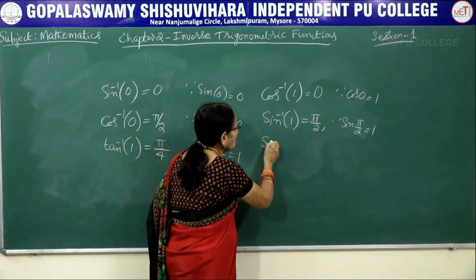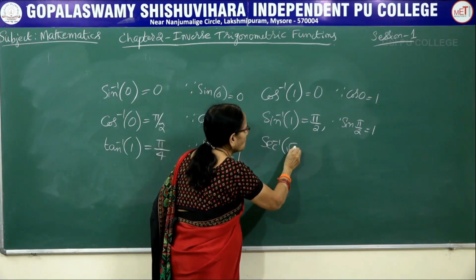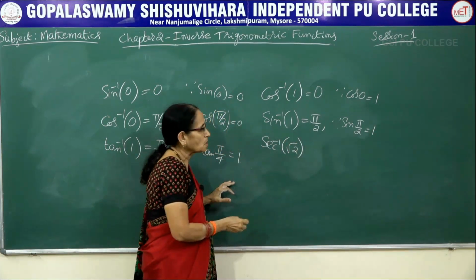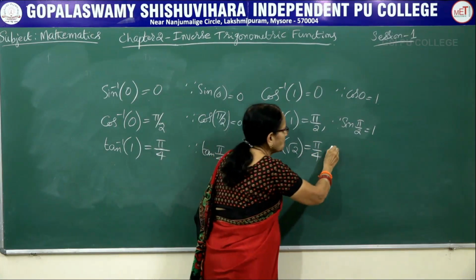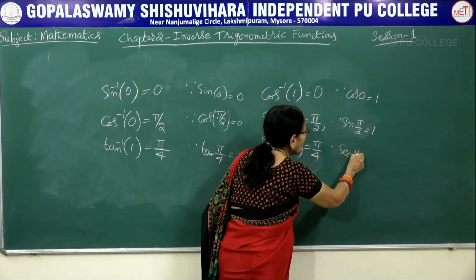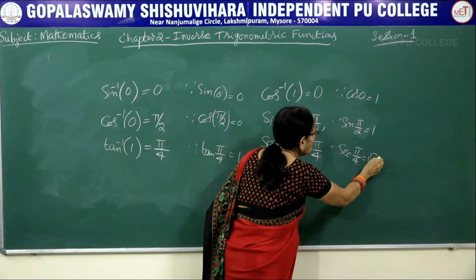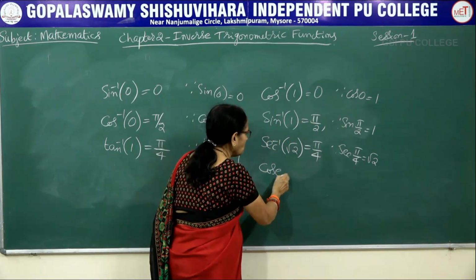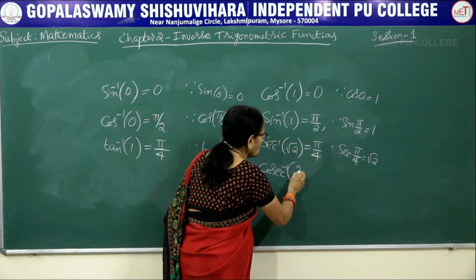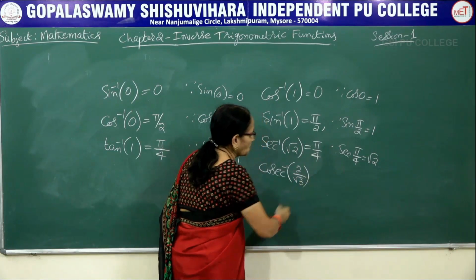Next, consider secant inverse of root of 2. Now, this would be equal to pi by 4. The reason is secant pi by 4 would be equal to root of 2. Now, consider another problem. Cosecant inverse of 2 by root of 3.